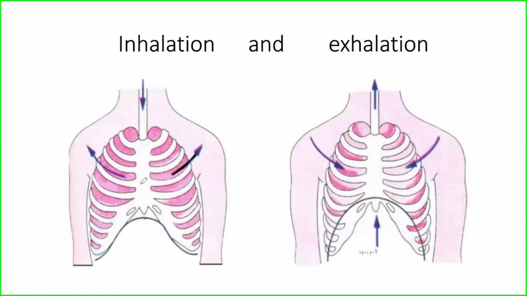As a result, when the diaphragm moves downward and the ribs move outward, the lung cavity size increases, and the pressure decreases. As a result, air from outside rushes into the lungs. During exhalation, the ribs move downward and the diaphragm comes back to its original position. As a result, the lung cavity size decreases, and the pressure of air increases. As a result, air is expelled out.